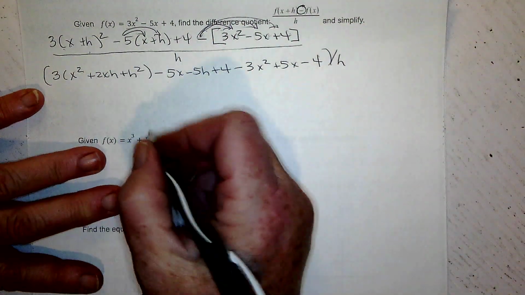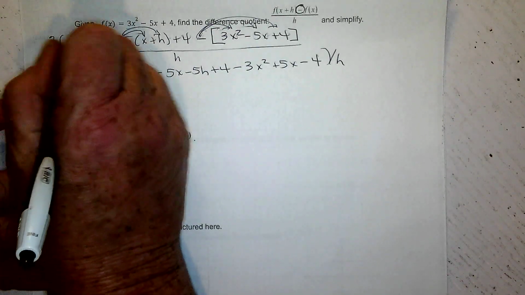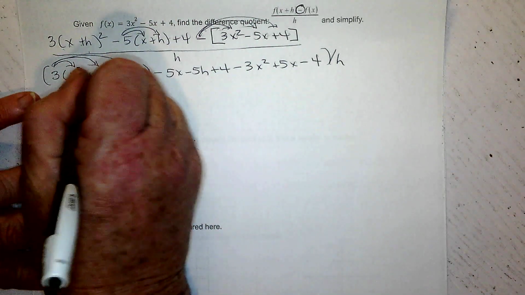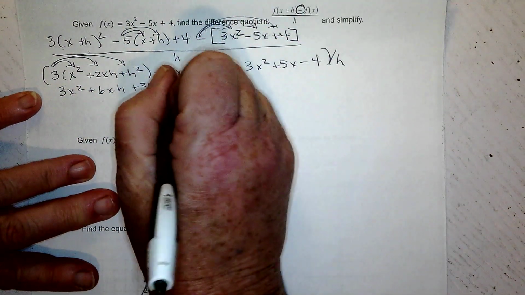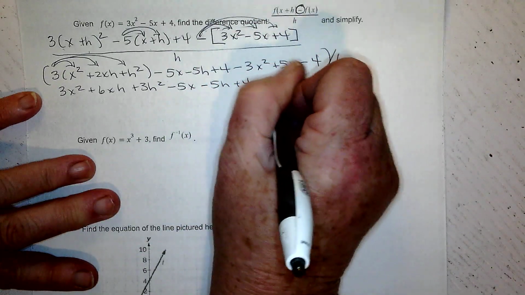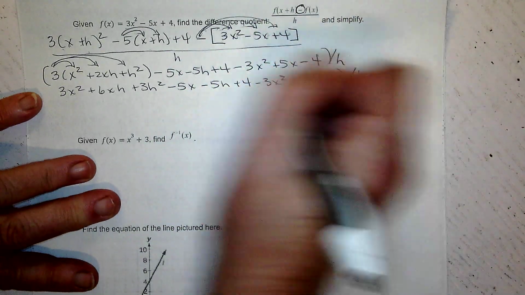Don't forget that. Now I can distribute that 3. So 3x squared plus 6xh plus 3h squared. And I'm just bringing everything down. All of it over h. Alright, let's simplify it.